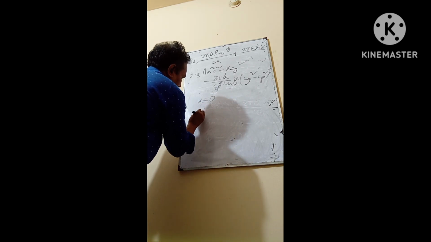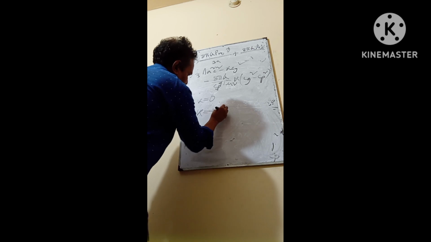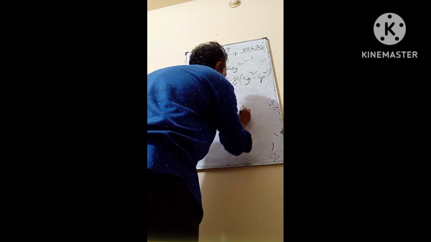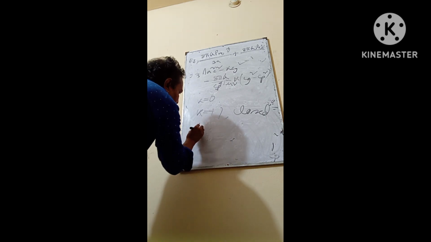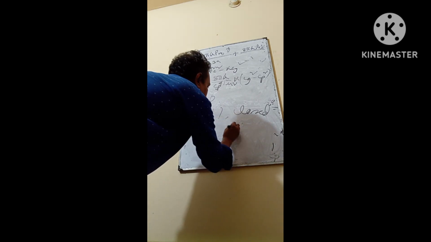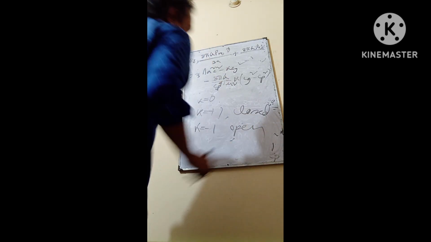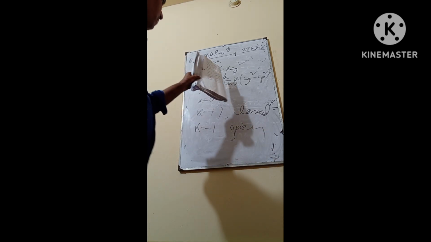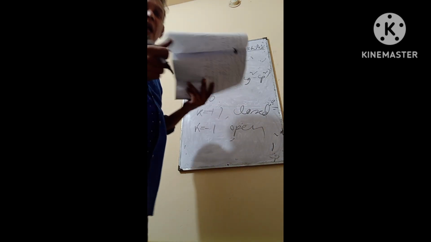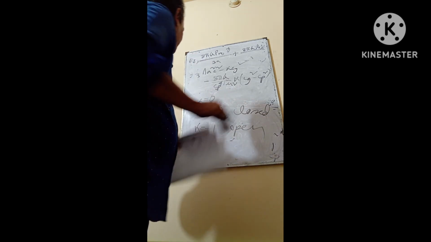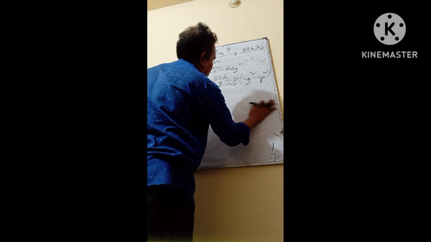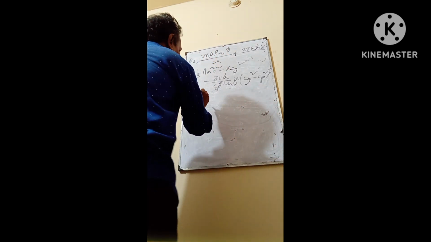If K is plus 1, closed universe, and if K is equal to minus 1, open universe. So if we know the universe is expanding rapidly, then K is equal to minus 1.